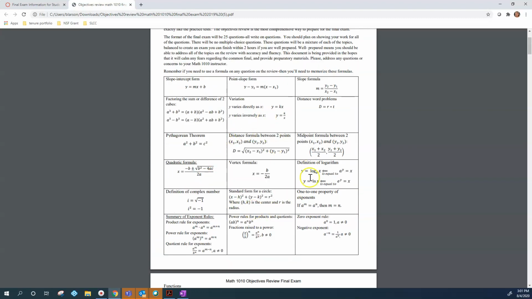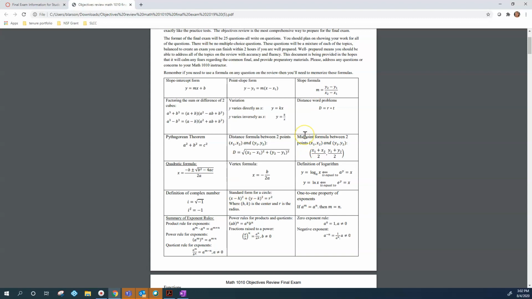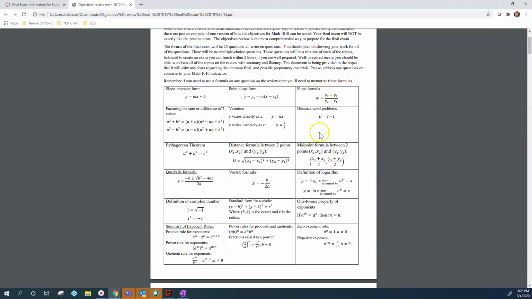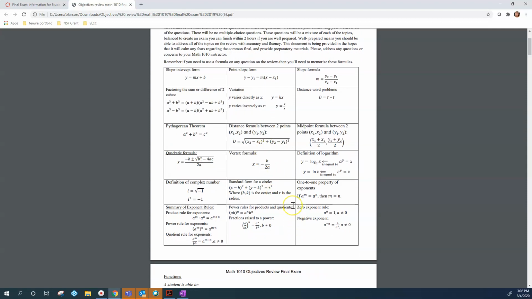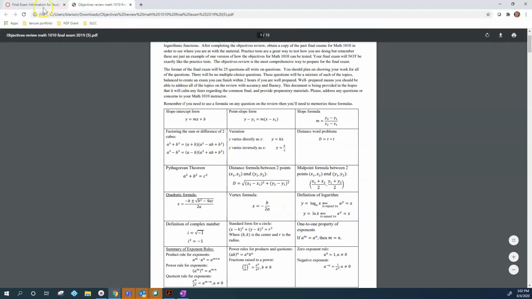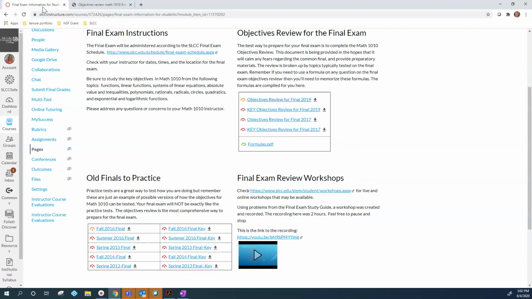So just know this is here, and these are the things that we suggest, that students have memorized in the past, right? But you'll be able to use them on the test. So if you don't have some of these memorized, write it down, put those down on your sheet of paper.